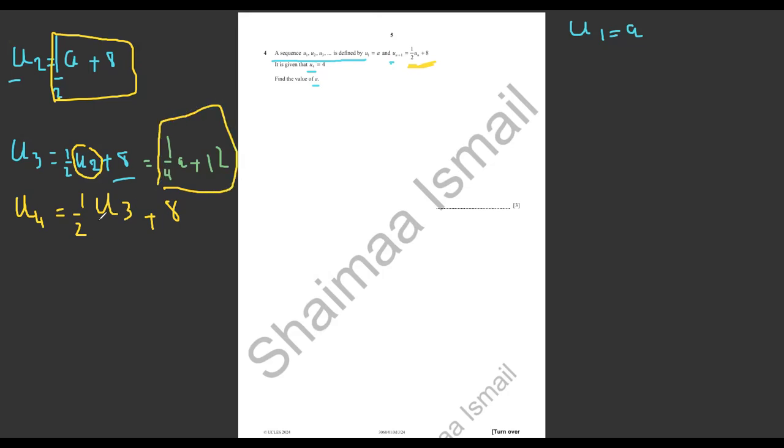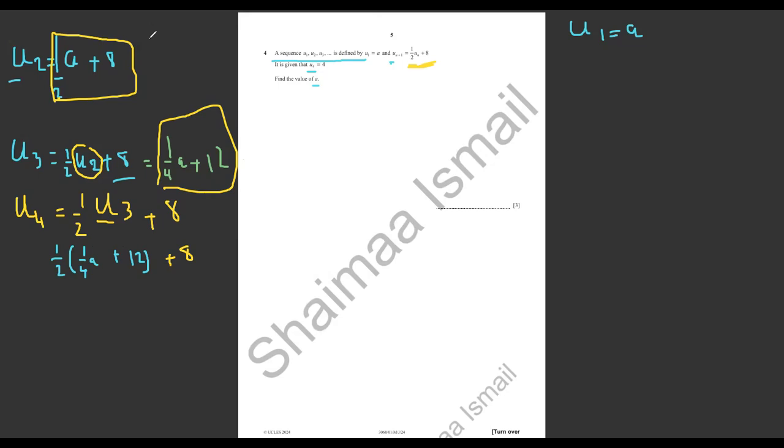Then we say this is half of a quarter a plus 12. Then we close the bracket, and we get half of u3 plus 8.